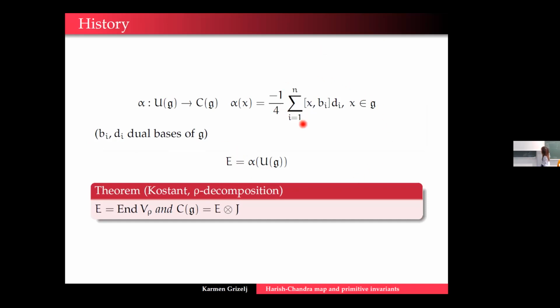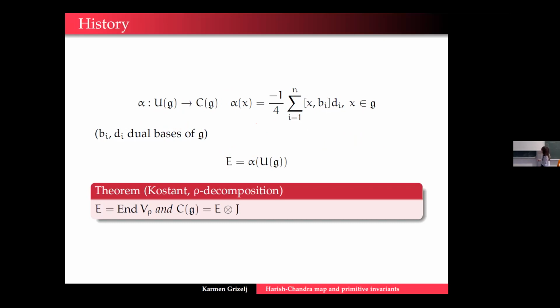So you take B_i to be a dual basis of G, make the commutators, this is the Clifford product. And that's what you do for X in G. And then using the universal property of the universal enveloping algebra, you extend it to the whole universal enveloping algebra.